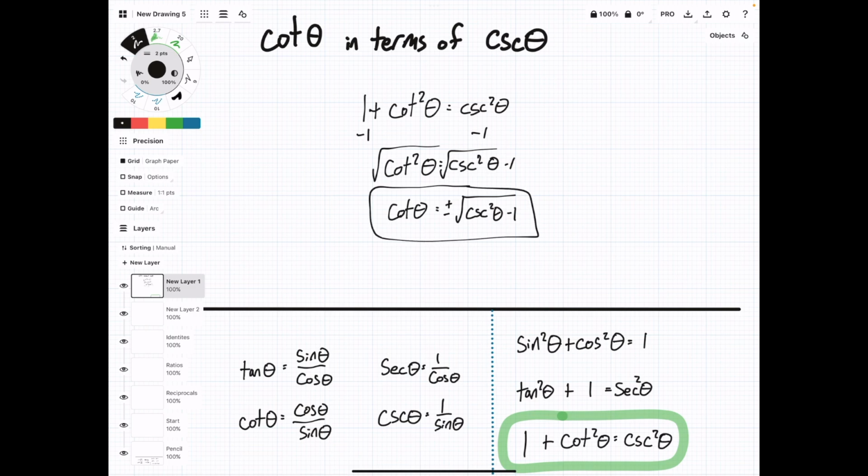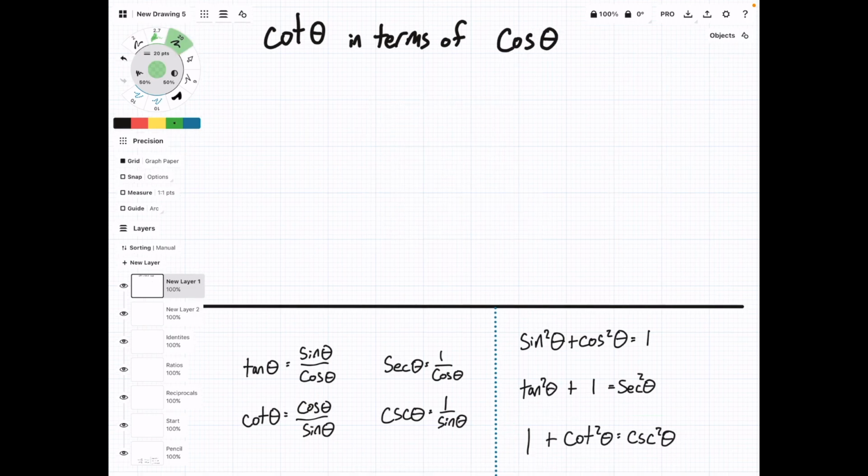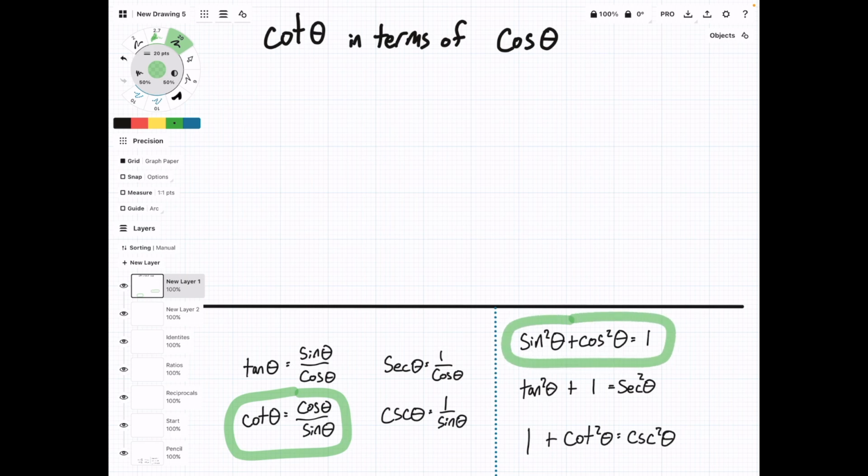Easy peasy. So to solve cotangent theta in terms of cosine theta, we're going to need this ratio here and then this identity here to get sine in terms of cosine. So we can write this out. Cotangent theta is equal to cosine of theta over sine of theta. So this cosine on top is good, but we need to get this sine in terms of cosine. So we're going to use the other identity, sine squared theta plus cosine squared theta equals 1. And we're going to solve for sine.